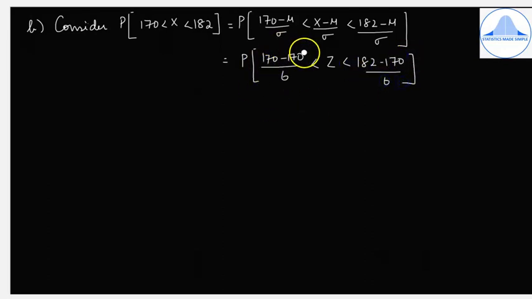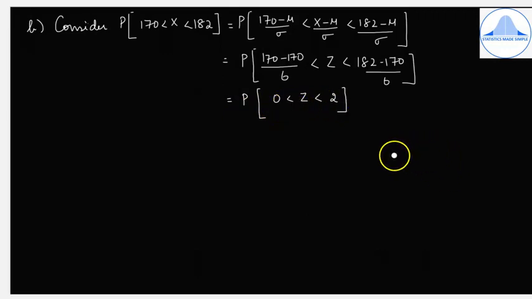So 170 minus 170 gets cancelled, 0 divided by 6 is 0, less than z less than 12 divided by 6, which simplifies to 2. So now we should find the probability of z lying between the values 0 and 2.